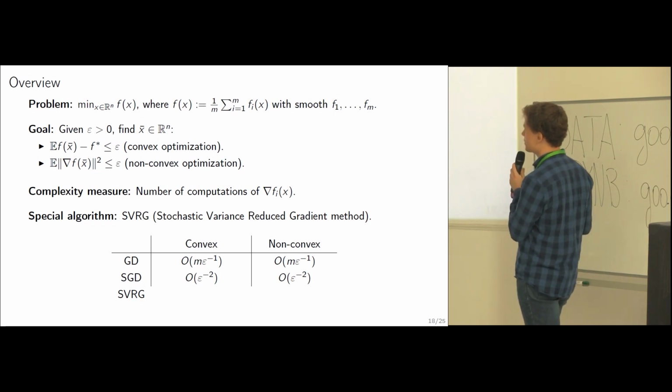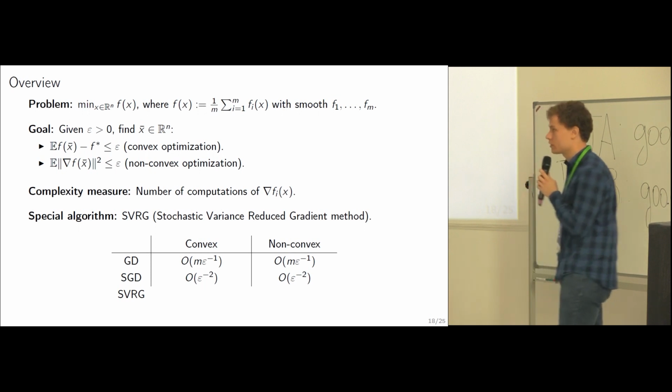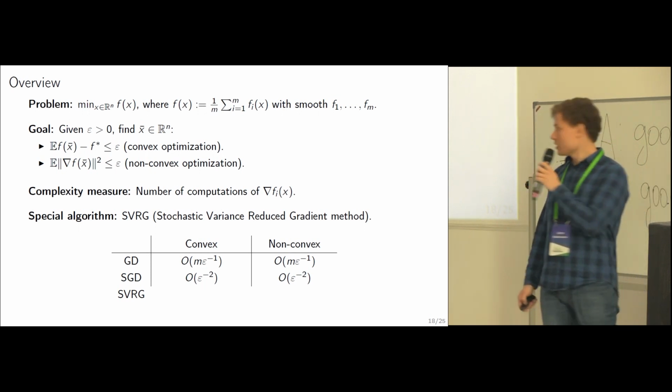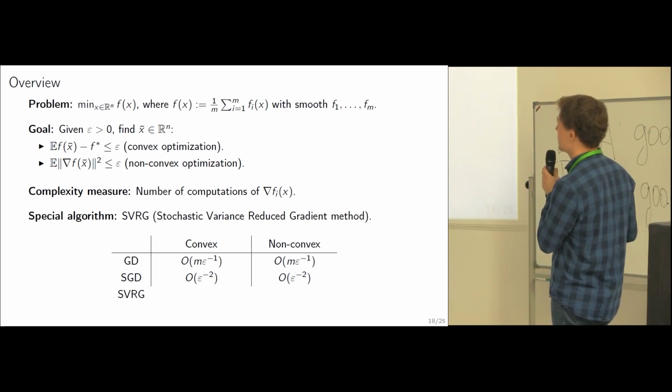Each iteration of this method requires computing just one of these individual functions, and so we do not have any dependency on m at all. The question is, can we somehow combine these two approaches? Can we obtain the epsilon to the minus first dependency by utilizing this problem structure?